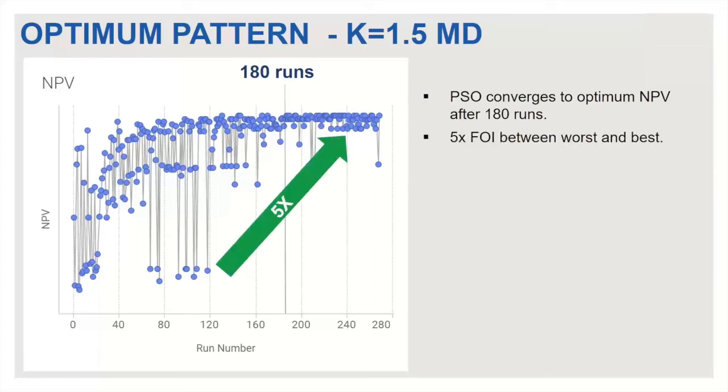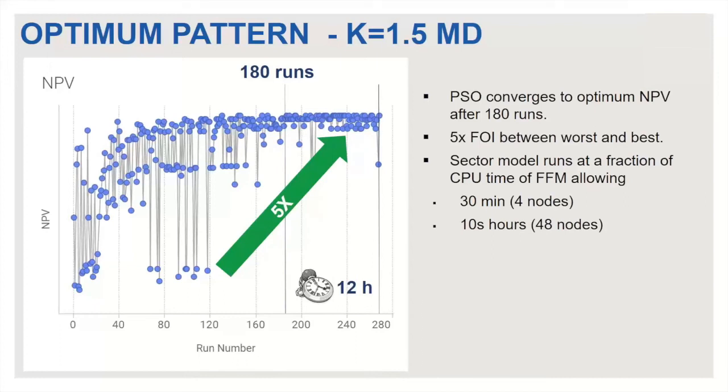What is very interesting here is that you've got a 5 times fold of increase between the worst and the best NPV. So it really means that this kind of optimization brings a lot of value, and it's important to get as close as possible to the optimum NPV.